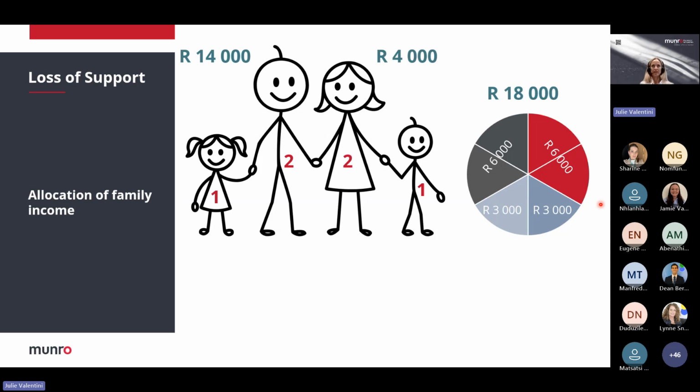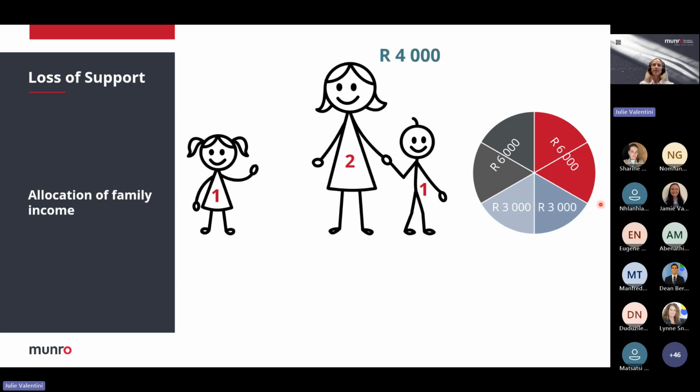Now let's say that the father has been killed in a road accident. Before the accident, the total support that was available to the wife and the children was 12,000 Rand. Okay, it was this red slice plus the 2 gray slices, 6, 3, and 3.